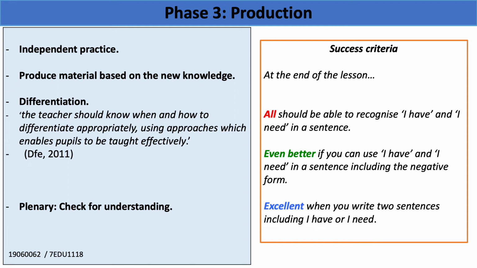According to the teachers' standards, the teacher should know when and how to differentiate appropriately, using approaches which enable pupils to be taught effectively. So, we must create different levels of activities for different pupils based on their learning abilities to help them to make progress.